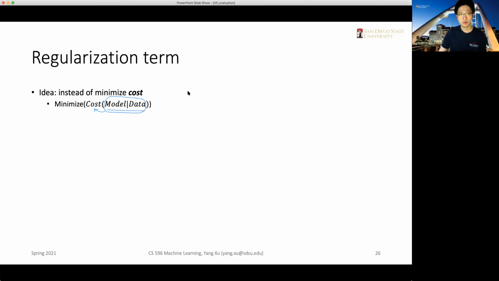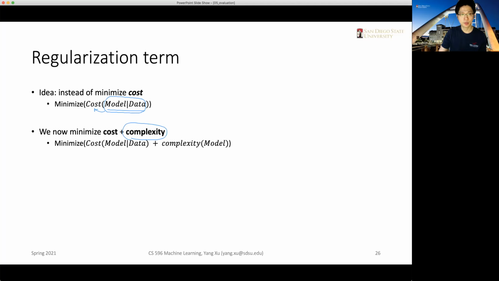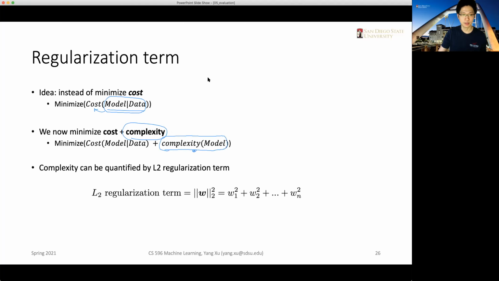But now we need to add some additional terms. We want not just to minimize the cost, but also to minimize the complexity of the model. This complexity of the model can be quantified. We can use the magnitudes of parameters to quantify the model complexity.